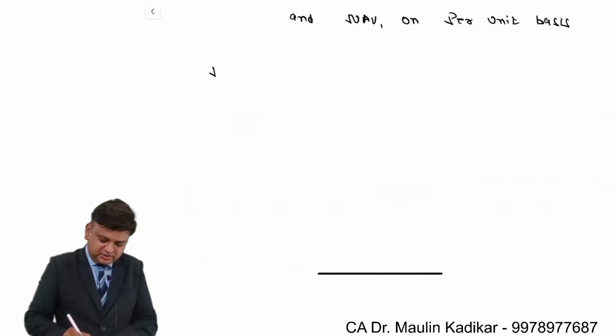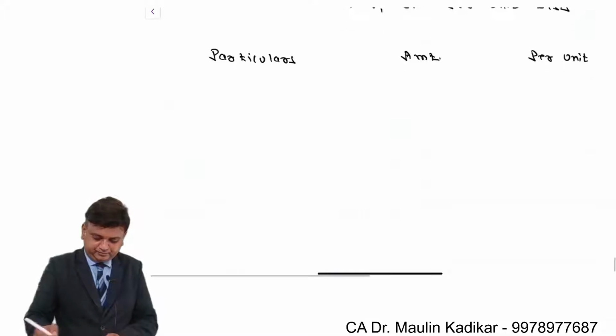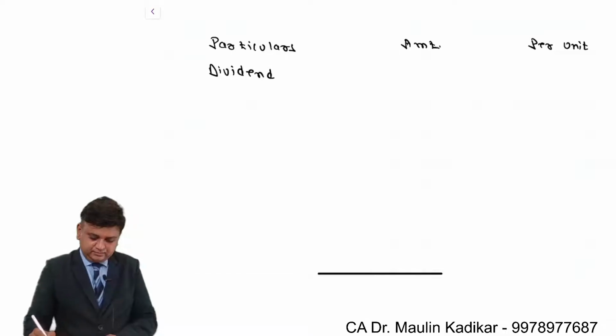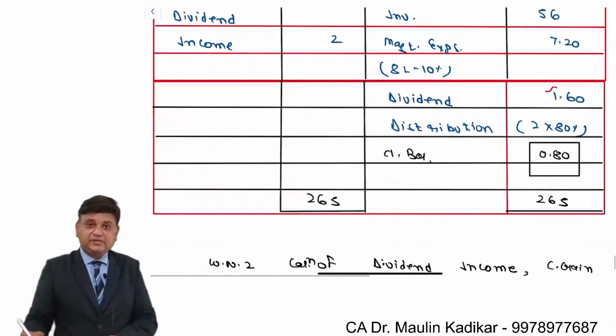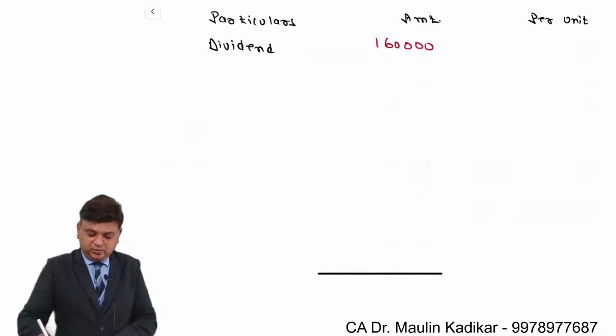So the columns are particulars, amount and per unit. Dividend, the amount of the dividend that the investor is receiving is 1 lakh 60,000. So per unit it is 1 lakh 60,000 upon 20 lakhs. That comes to 0.08.